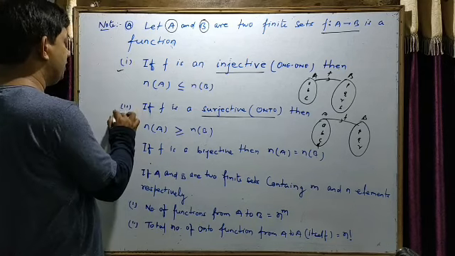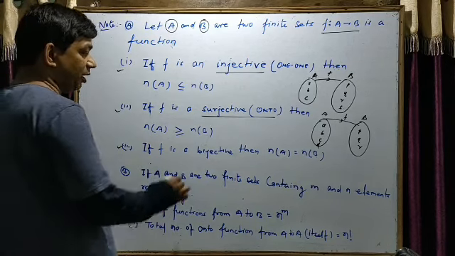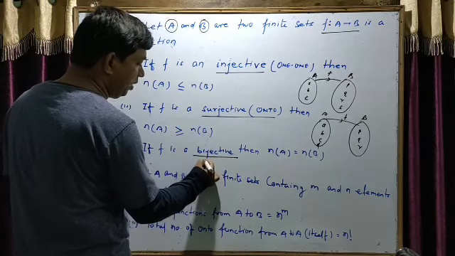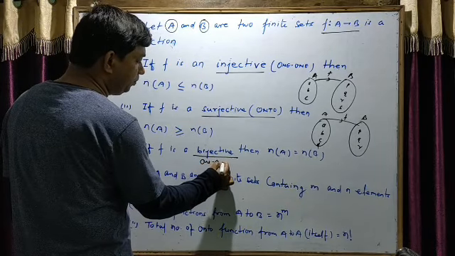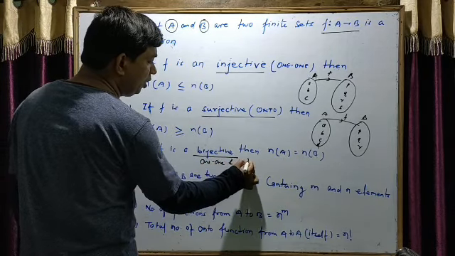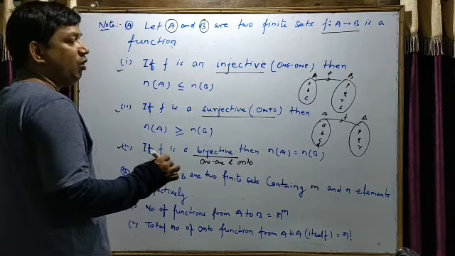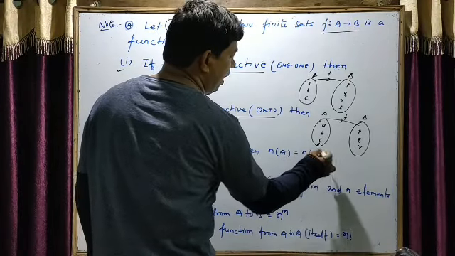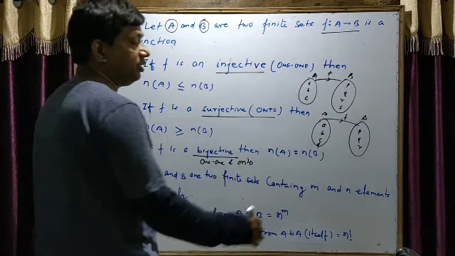Point number one is clear, two is clear, and now the third is bijective. Bijective means one-one and onto. So in this case it is always equal, meaning both sets have an equal number of elements.